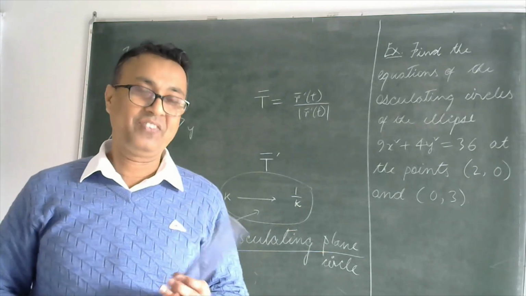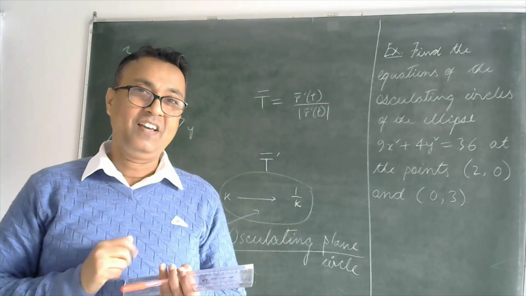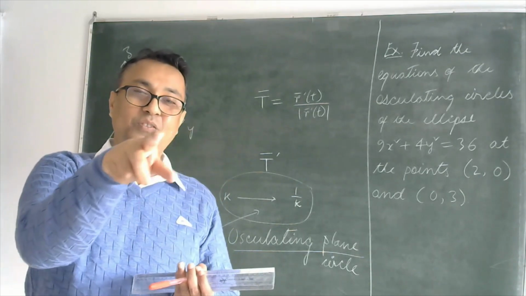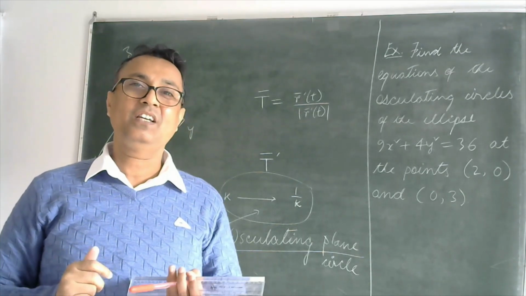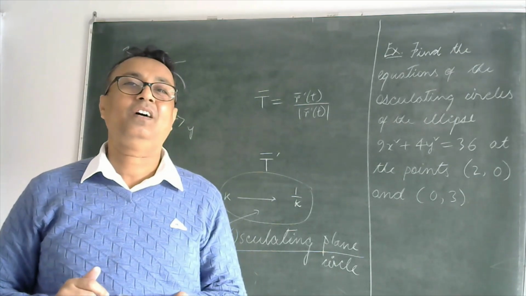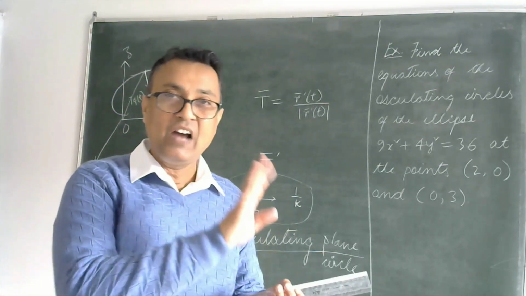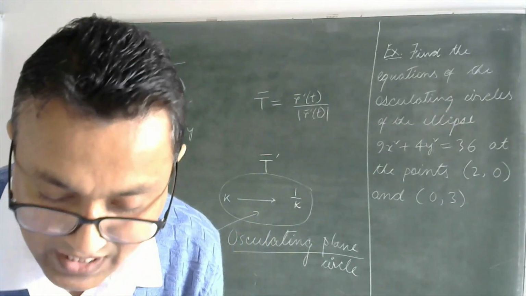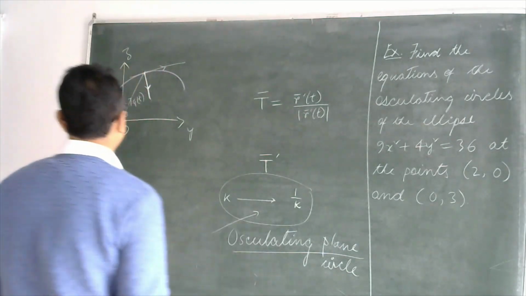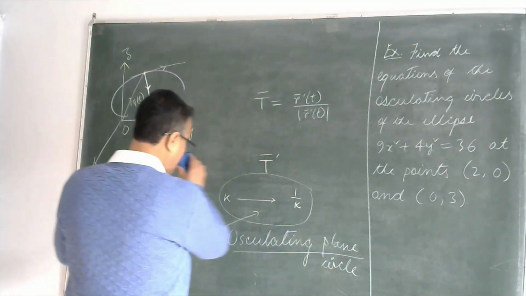Now the question from Rashmi was why the radius of curvature is always 1 by kappa, where kappa is the curvature of a curve. I'll answer that, but before that I'll have to talk about something more here.